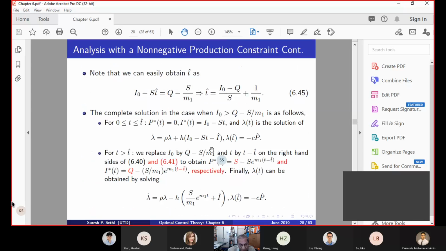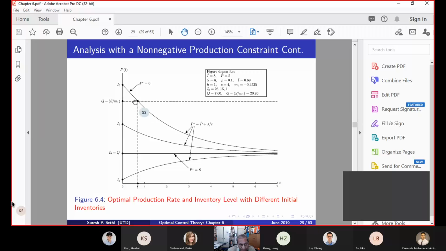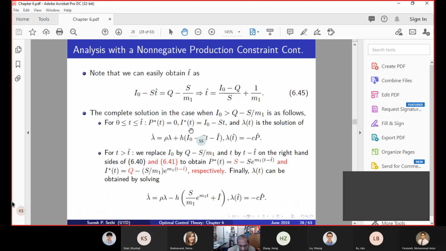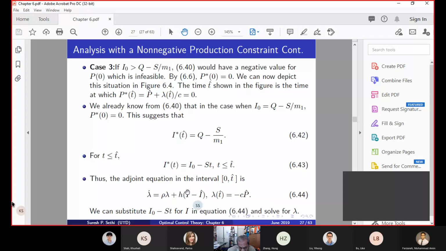So what we can do is solve the lambda equation from 0 to t hat by finding the inventory I star of t during that interval. We put that in and put lambda t hat of cp hat, and we are done for the 0 to t hat part. So we have the lambda in the 0 to t hat part.